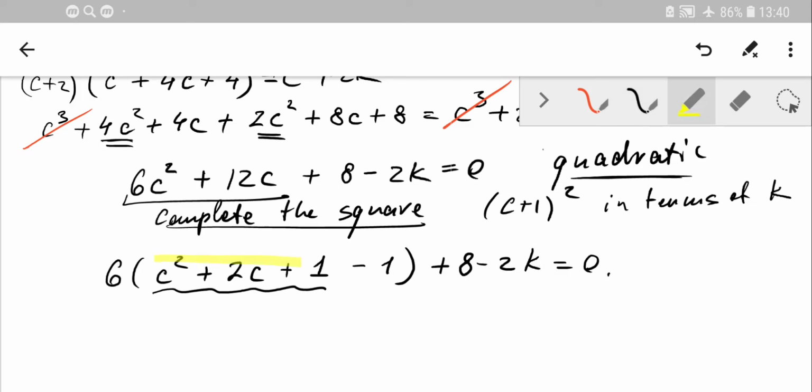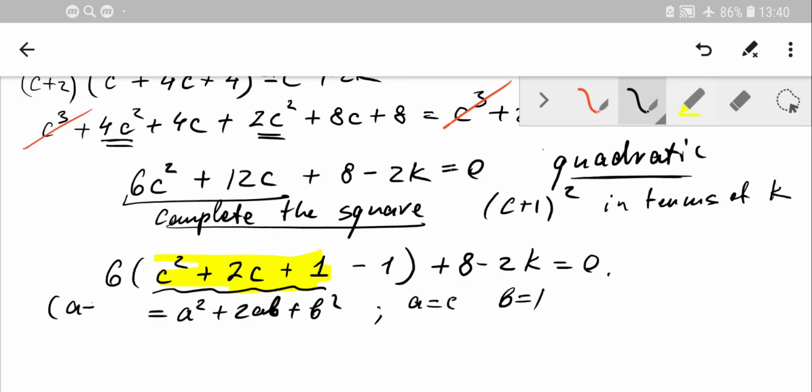And that expression is already complete square because it's according to the formula a squared plus 2ab plus b squared, where a is c and b is simply 1. You just remember how it works, as complete square a plus b squared.